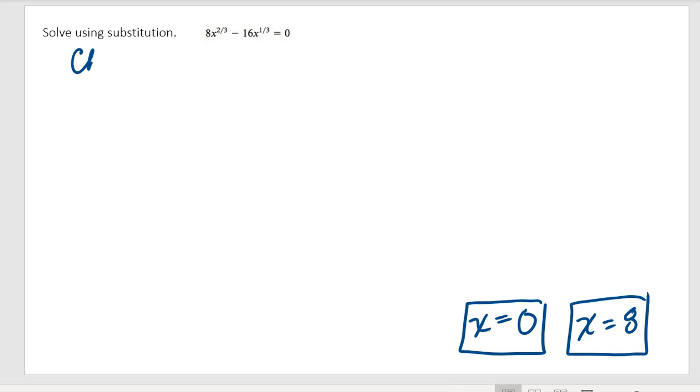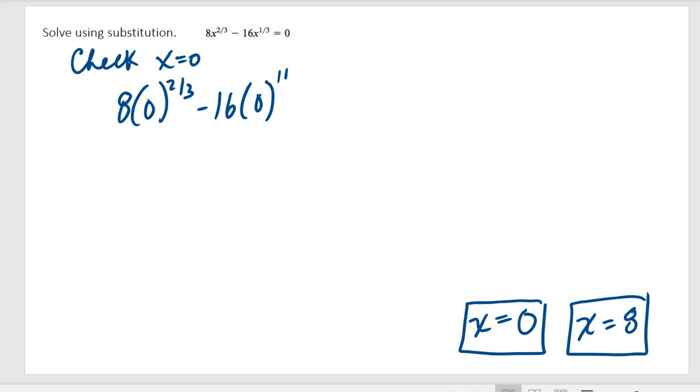So let's check x is equal to 0 first. Zero raised to anything is 0. Well, that one definitely is true. Now let's check x is equal to 8.